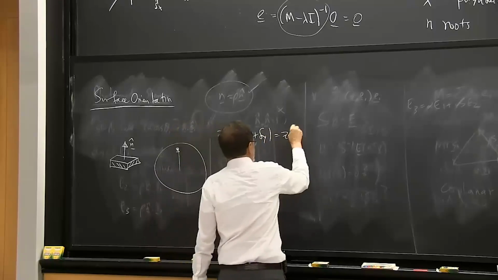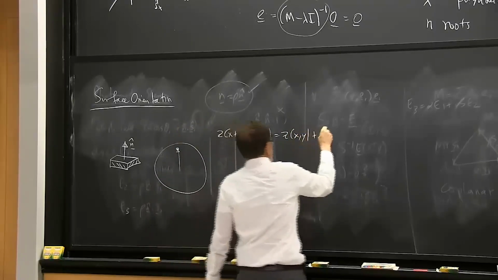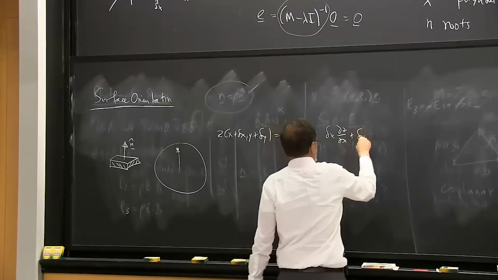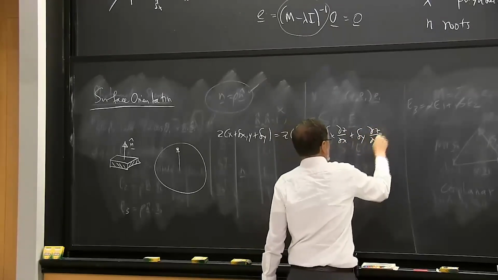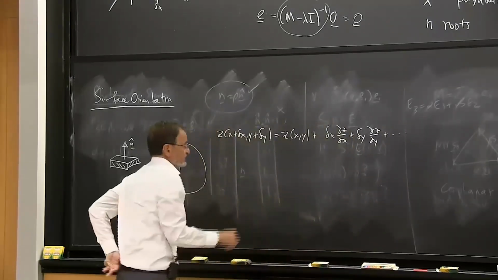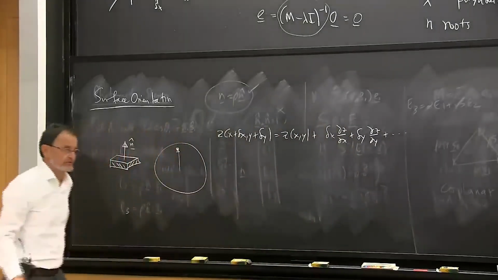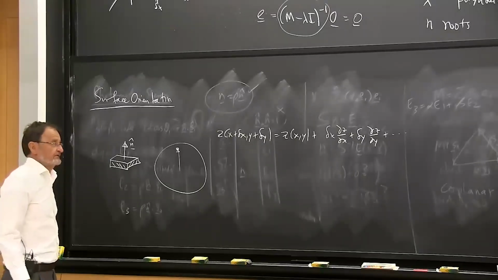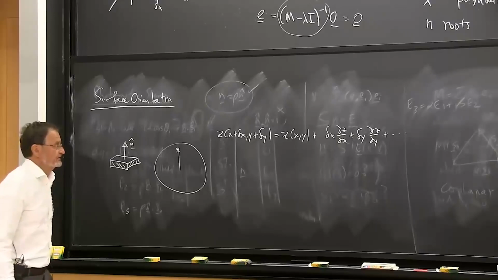So let's look at this. Here's a Taylor series expansion, where the dots indicate higher order terms, which we can ignore as long as we make the infinitesimals small enough.